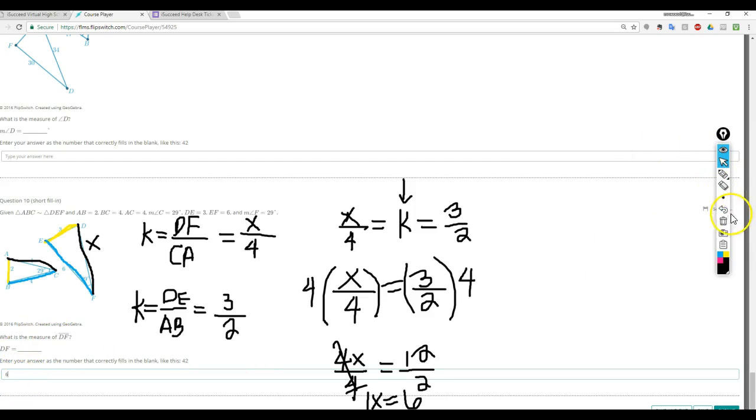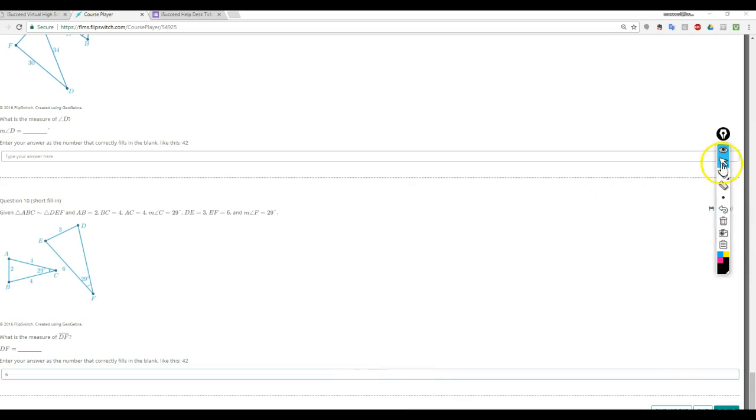I also want to point out that if you had used the power of observation and noticed that this was 4 and this is 4 as well, and this was 6, what were our corresponding sides? Well, BC's corresponding side was EF.